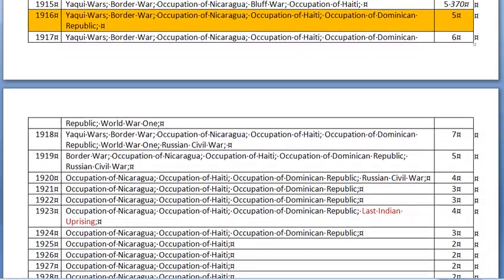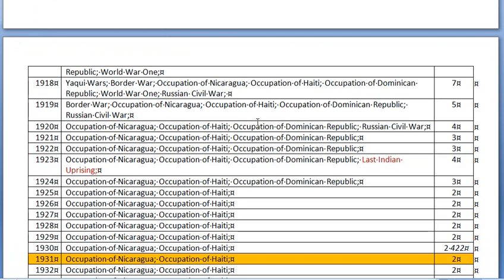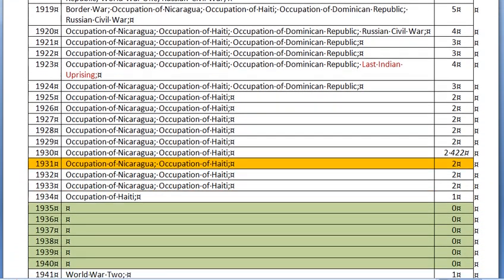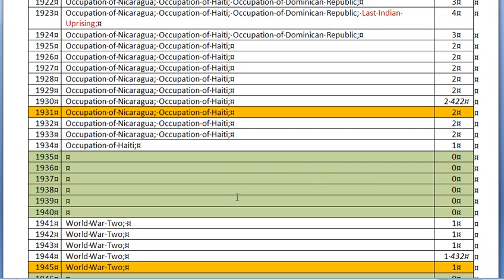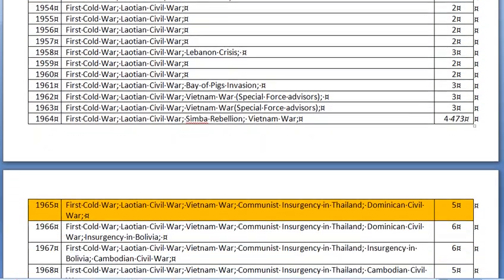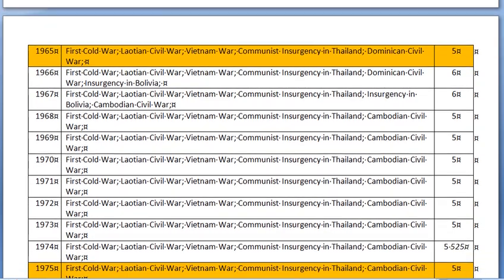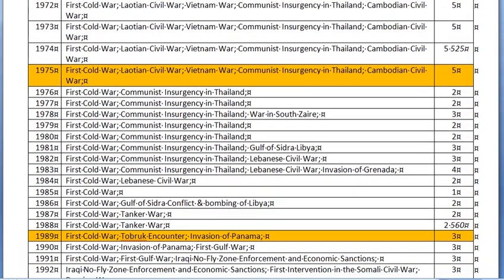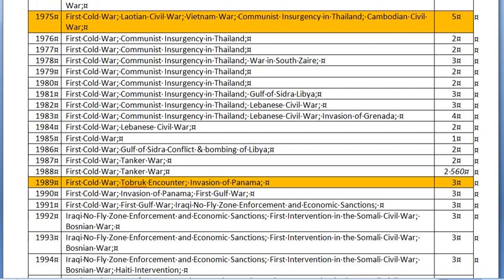All right. This is a lot of banana war stuff here. Here's a big chunk of peace. How about that? Great Depression time and World War II. This is the war that pulled us out of the Great Depression. Then you have the Cold War, right? A lot of anti-communist stuff here. Okay, modern day.